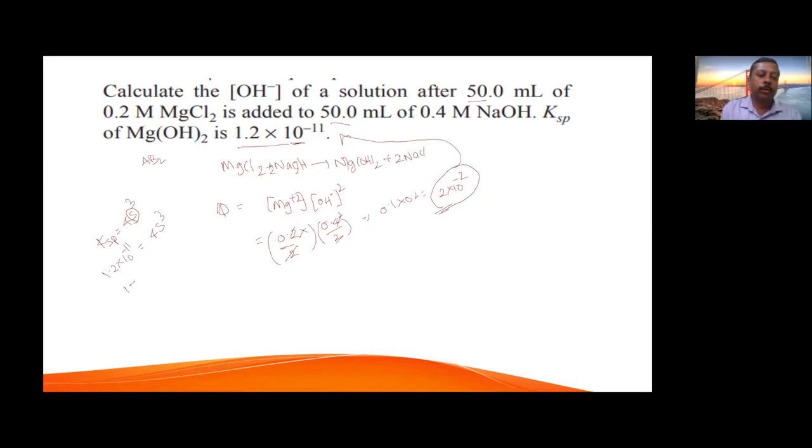So it can be written as 12 into 10 to the power of minus 12 is equal to 4S cube. 12 can be written as 4 into 3. So 3 into 10 to the power of minus 12 is equal to S cube. Like that you can calculate S. Then 2S will be the concentration of OH minus. So that's the answer.